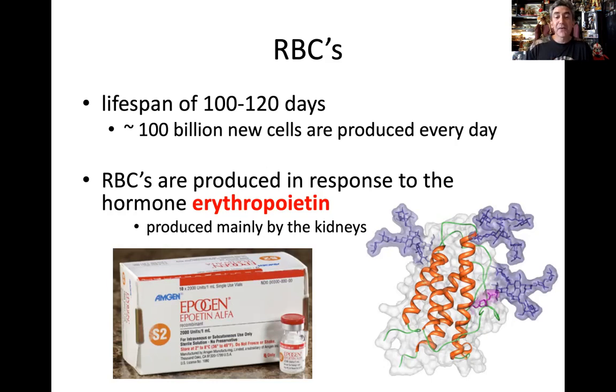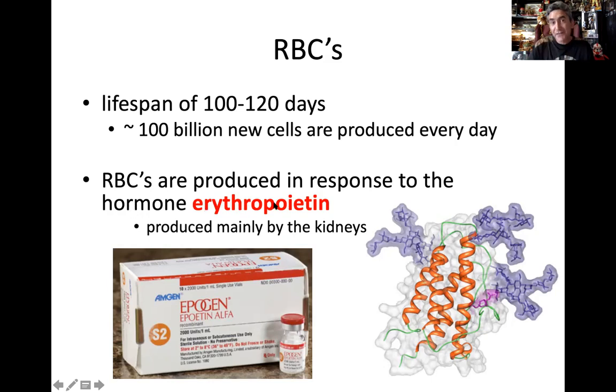It's actually coming from the kidneys. The kidneys are in direct interaction with the blood constantly throughout the day, filtering and monitoring the composition of the blood. So the kidneys take on the role of producing a very important hormone that we call erythropoietin.